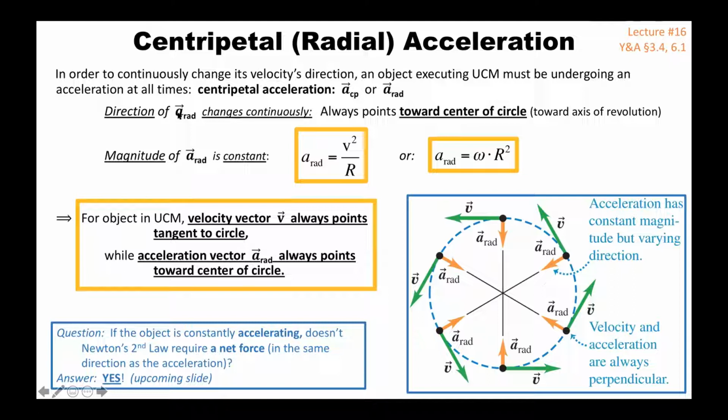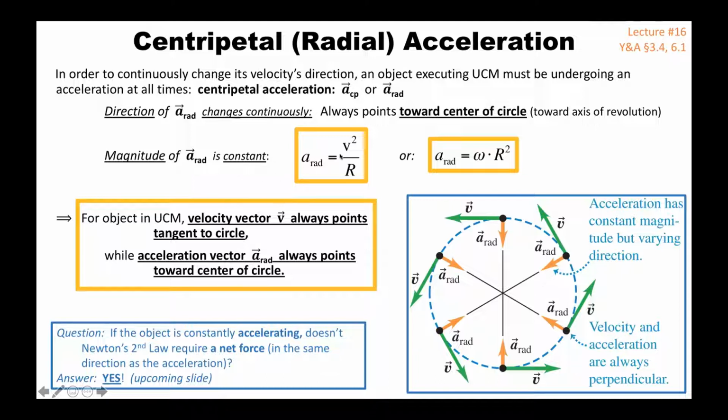So in other words, the direction of the acceleration keeps changing continuously over time, right? It's pointed always toward the same axis or point, but the actual physical direction changes. Here the acceleration points up, here it points to the left, there it points down, there it points to the right. The magnitude of the acceleration is constant.